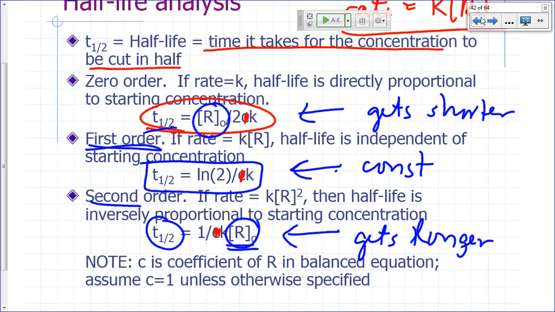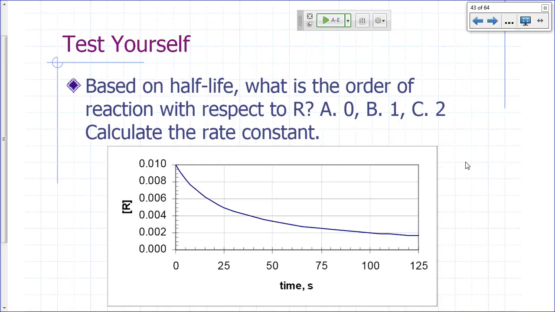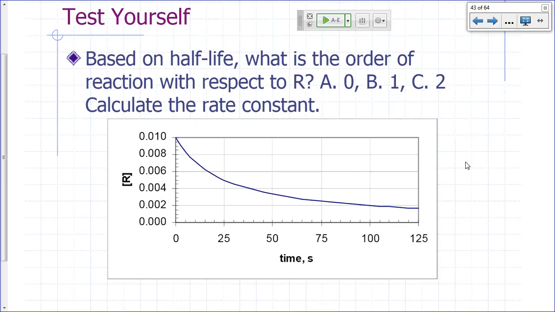Okay, so let's see what happens there. Let's look at this one. Based on the half-life here, what's the order of the reaction with respect to R? Is it 0, 1, or 2? Okay, how do you determine the half-life? Let's look at right here when the concentration is 0.01. What's half of 0.01?